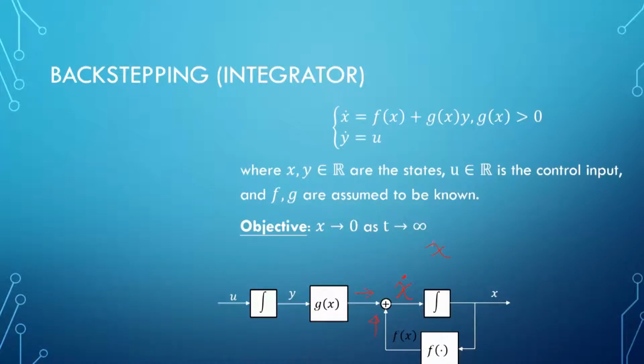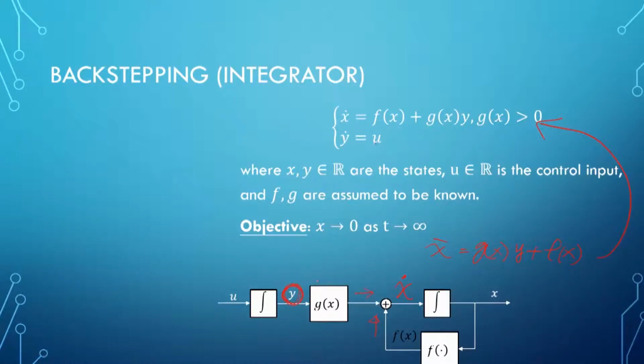One is gxy, one is fx. So this is this, right? And how does y come about?